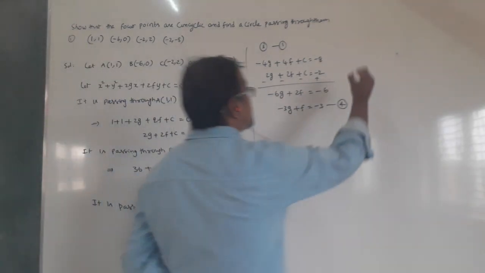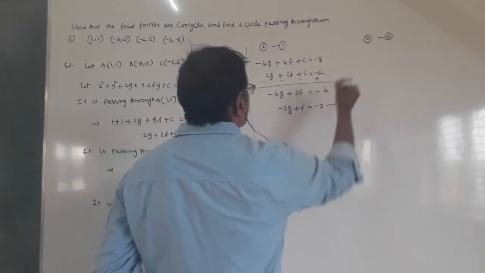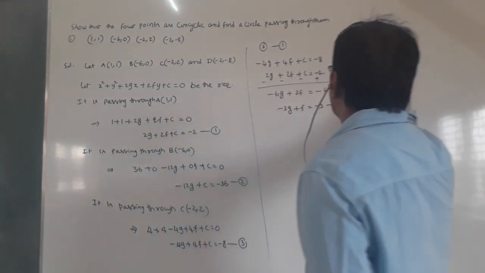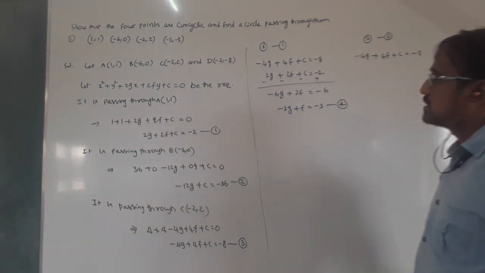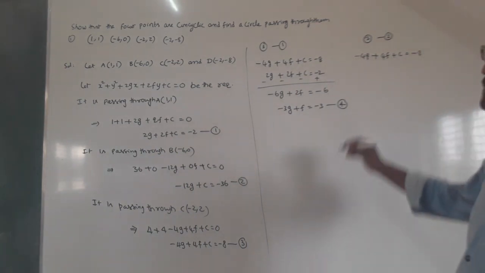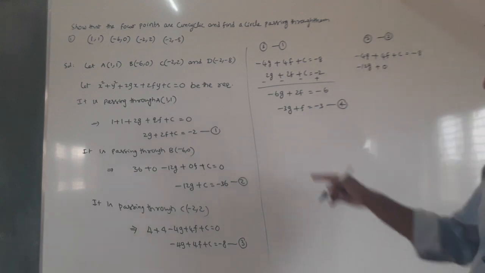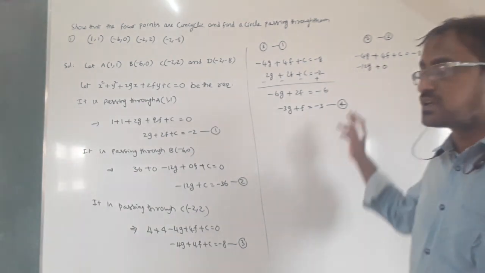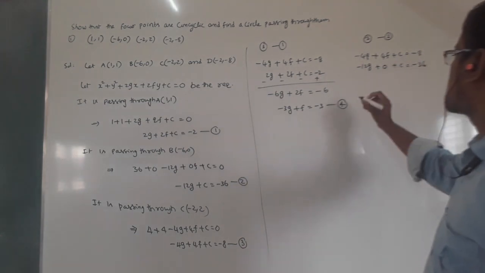Now again consider equation 3 minus equation 2. So minus 4g plus 4f plus c is equal to minus 8. What is equation 2? Minus 12g plus 0, f is not there, so I have written 0, plus c is equal to minus 36.